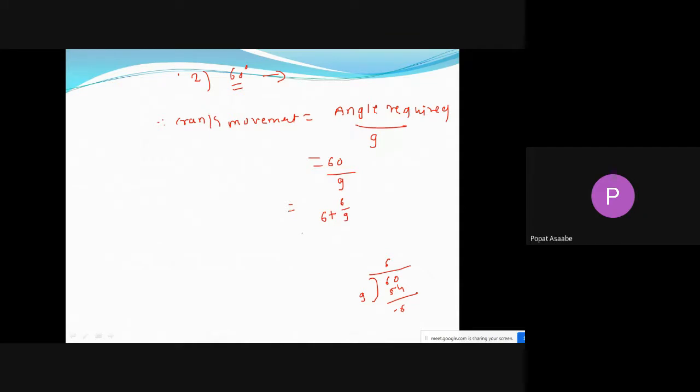But you have to check whether that 9 number circle is available in one of the plates. No, it is not available.